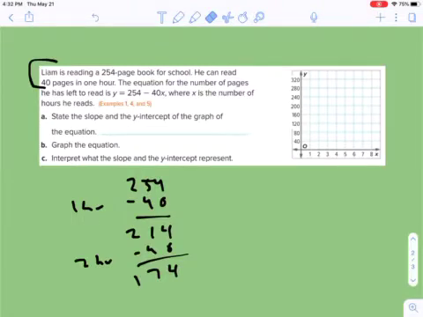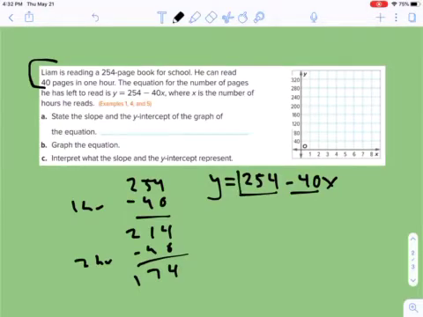In this equation, the first thing I want to point out is it's not exactly written in mx plus b form. It's written kind of in b plus mx form. So we want to flip that around. Unless you're able to see this and say, oh, I know this is my m and that's my b, just rewrite it.